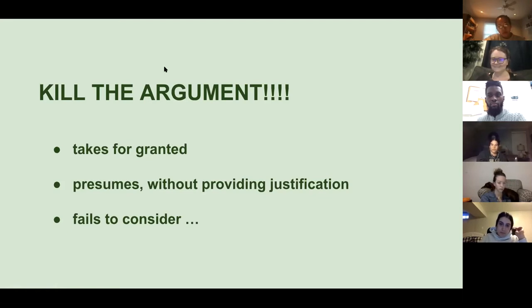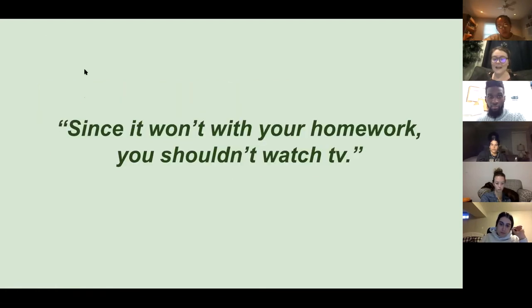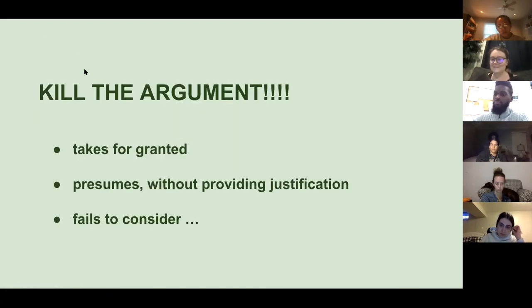Without proof in the argument. Without proof, yeah. It actually just means assume. So takes for granted and presumes without providing justification just means you're assuming something without knowing it for sure. And then fails to consider just means that you aren't thinking about all the things that could be.